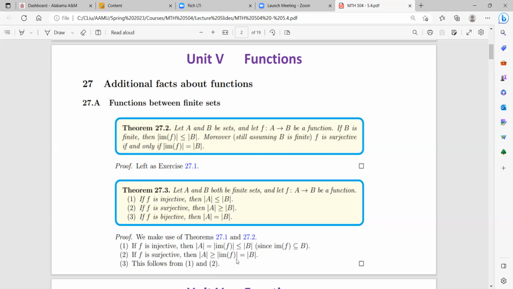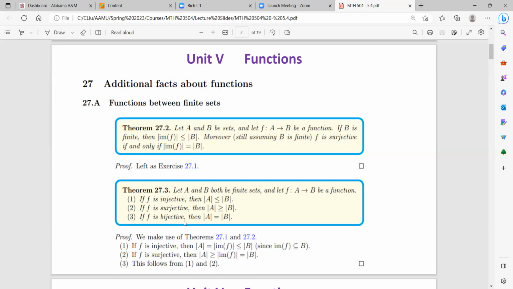But f is surjective, so the image of f is the same as the codomain. Okay, so the sizes are the same. So then you get the size of A greater than or equal to size B.